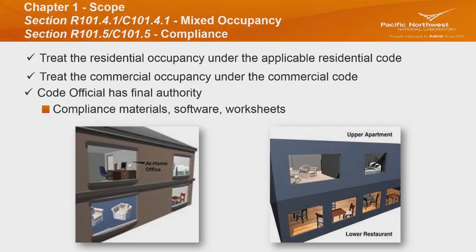Now this gets a little tricky when you get into bigger buildings and bigger mixed occupancies. And I get a lot of questions on different variances or different ways buildings are constructed, and how do I show compliance? And there's just so many that I will try to give you examples as we go through this presentation today. And if you still have some that you have questions on, again, make sure you send your questions in. You can send it in through the question pane.